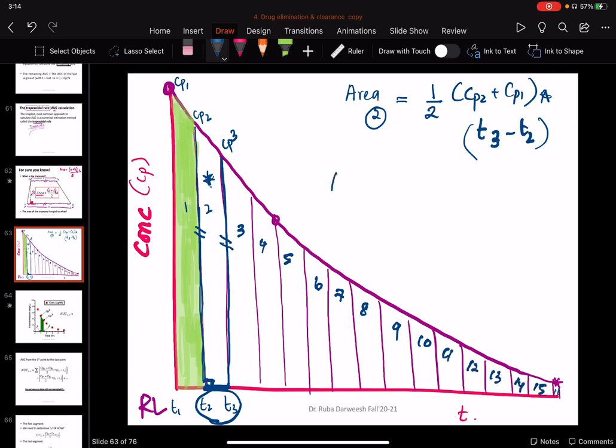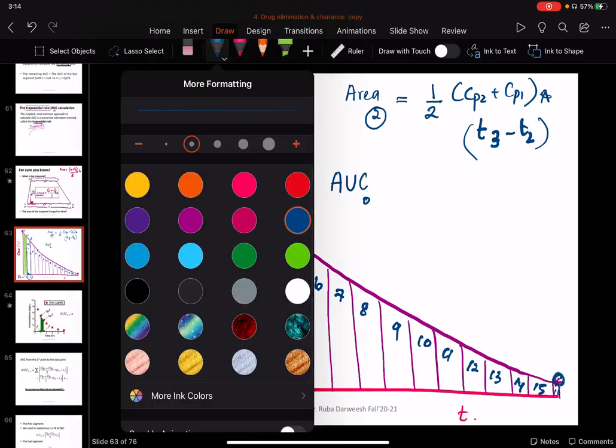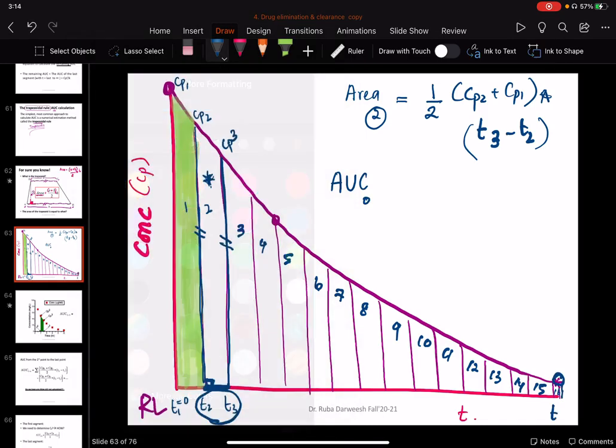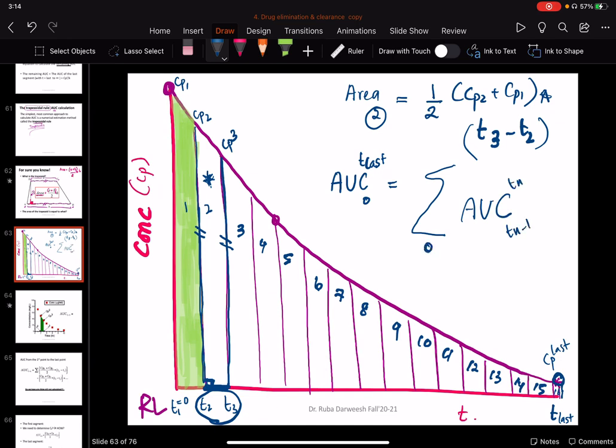Okay, so the area under the curve from 0, which is here, until the end, which is here, we call it T last, as this is CB last measured, would be equal to the sum of all areas under the curve from Tn minus 1 to Tn, from 0 to the last measured time, which is this.